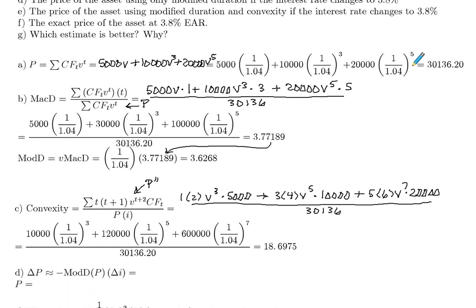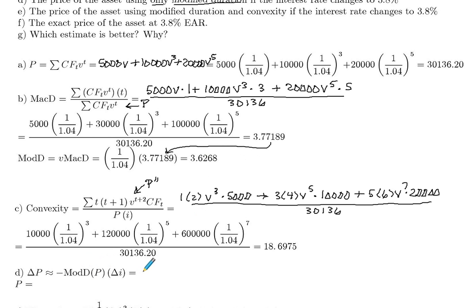Okay, next up, what we want to do is price the asset using only modified duration. Okay, only modified duration. So remember how we did that was we approximated the change in the price. That was negative mod D times P times delta I. And let's see here. Mod D we calculated, that was 3.6268.